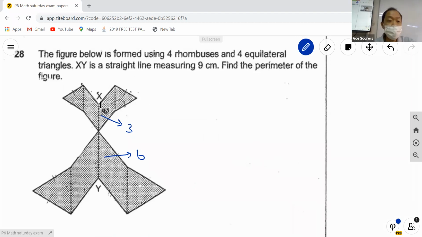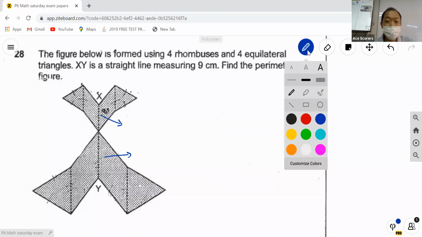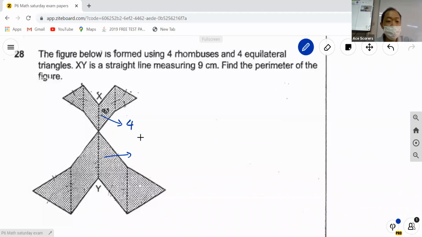So they tell us that this is 9, right? If I put 3 and 6, it will work. What if I put another number? 4 and 5? Let's try. If this is 4, then here is 4, right? And this is 4.